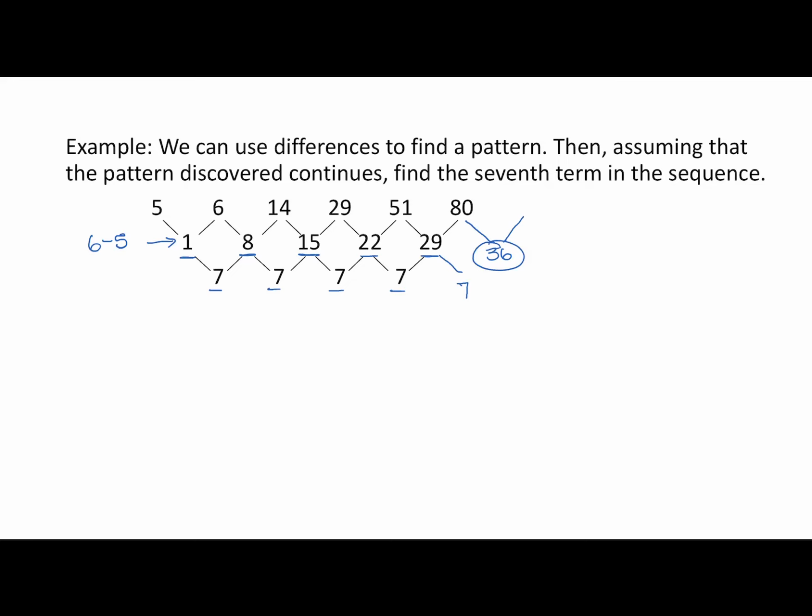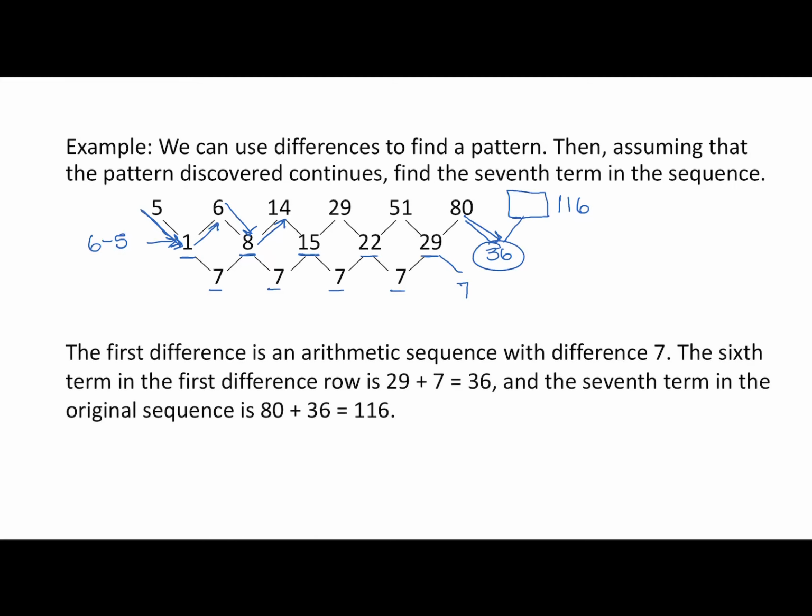And so to find the number that goes here, we notice that we get the next number by adding this way, right? 5 plus 1 equals 6. 6 plus 8 equals 14, and so on. So the number that goes here is going to be 80 plus 36, which is 116. So the 7th term in our sequence is 116.